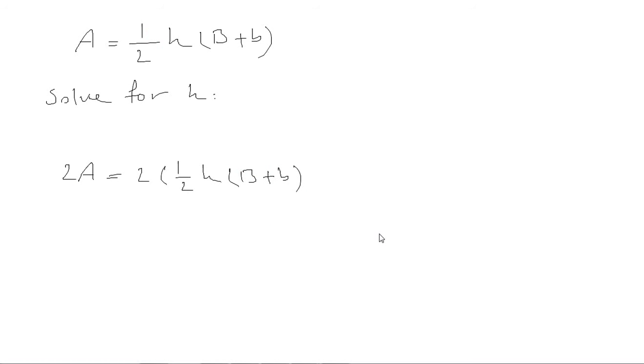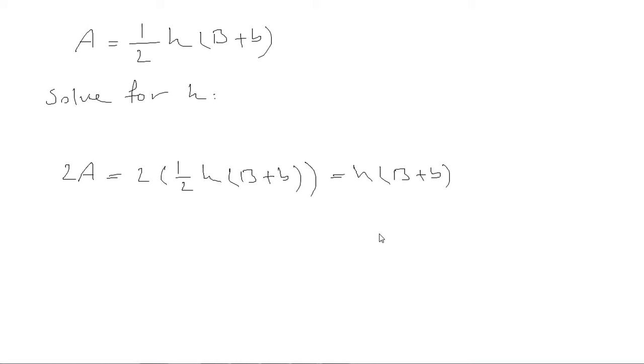Then if I multiply this 2 by this 1 over 2 here, they cancel each other, and I am left with h times (B plus b).